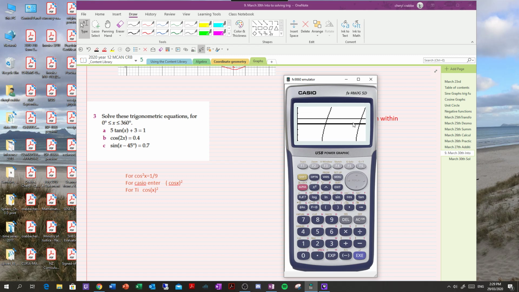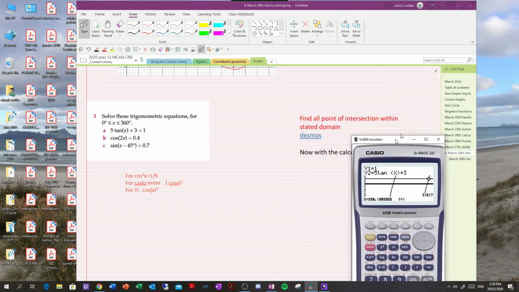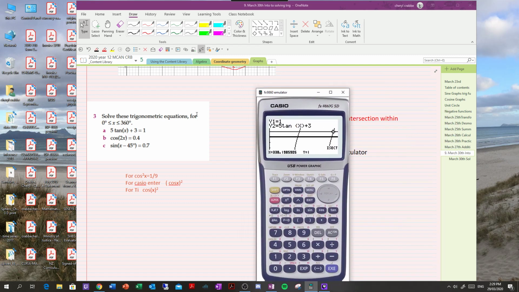Our tan graph with y1 is going through, and we want to find those points of intersection at 158.198 and 338.198, and so on. So we get the same answer with our graphing calculator. You can also check it with Desmos. If you're going to do the next two, you can put those into your graphing calculator and check them out, see if they're right.